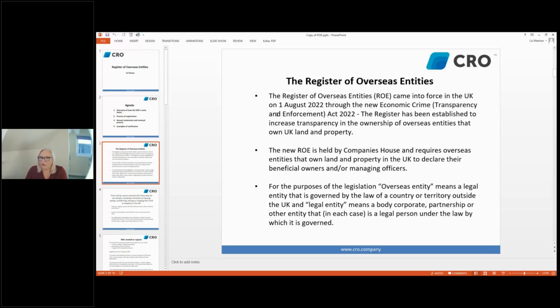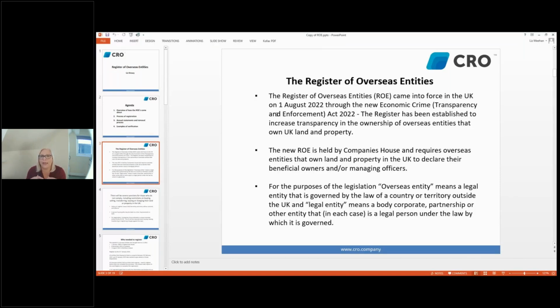Well, this was very much on the back of the war between Russia and the Ukraine, and it was established that a lot of UK property or land was owned by overseas entities, but it wasn't possible to tell who owned those overseas entities. So when they were looking at putting sanctions in place, it wasn't possible to see if they were owned by Russians that they would need to impose sanctions for. So it was decided more transparency was needed in this area.